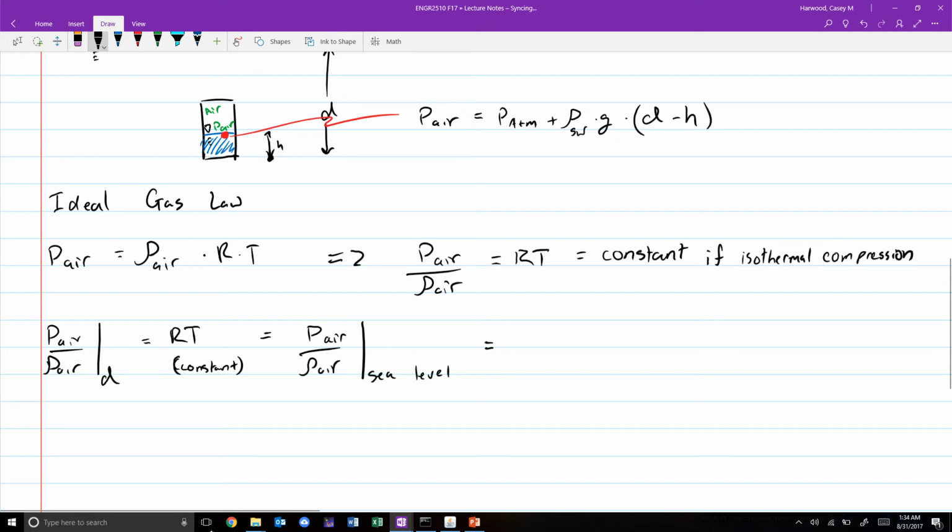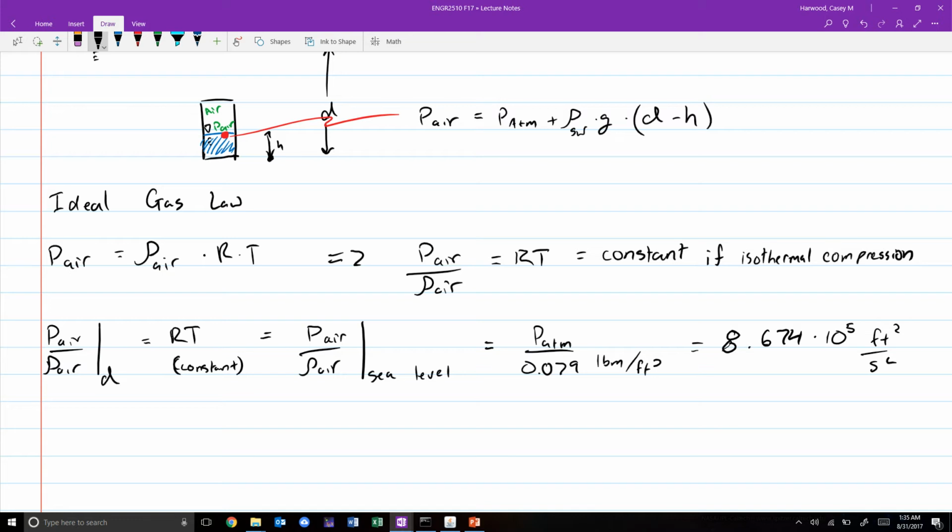Meaning we could directly compute this constant as P atmospheric over our 0.079 pounds mass per foot cubed, which ends up leading us to a numeric value of 8.674 times 10 to the 5th feet squared per second squared.